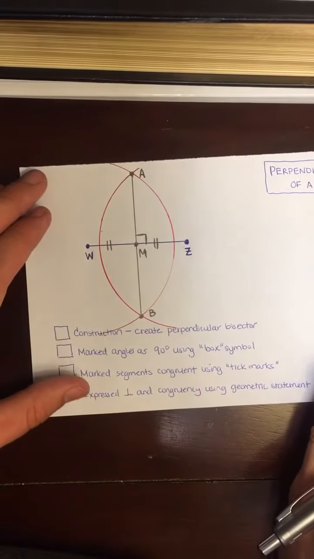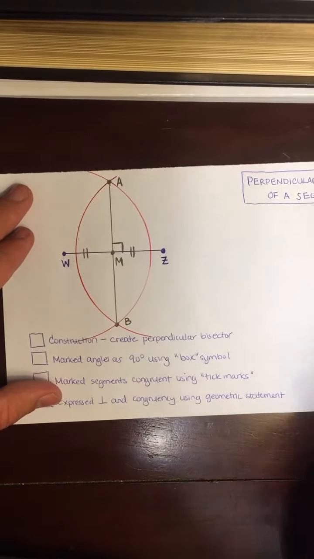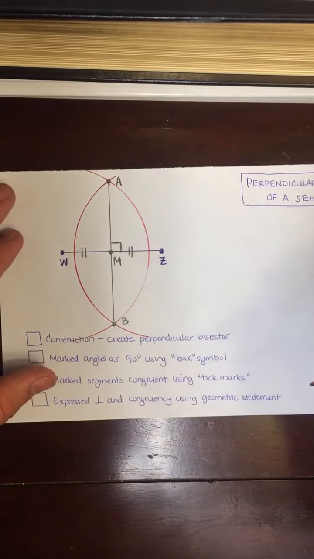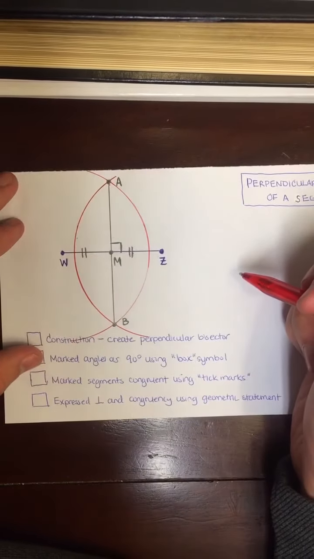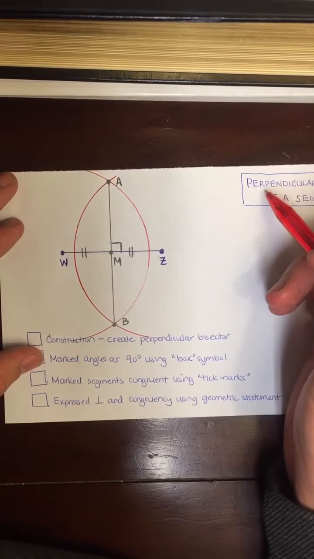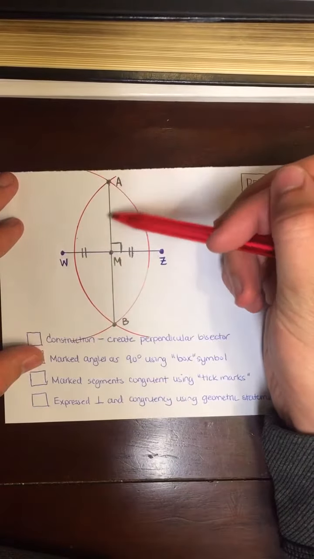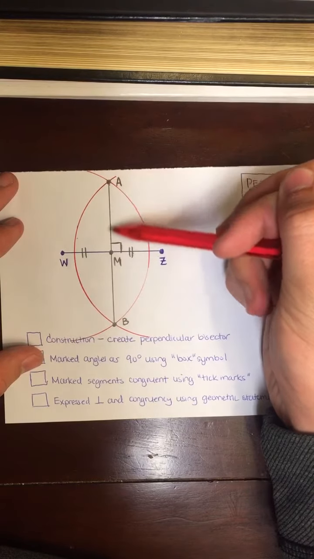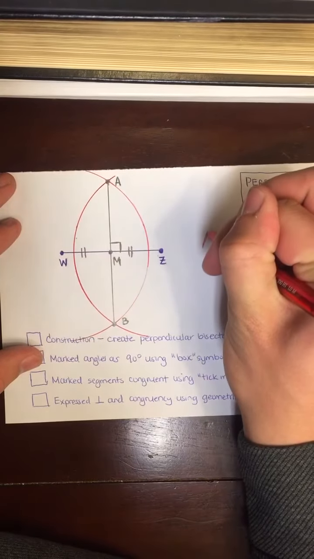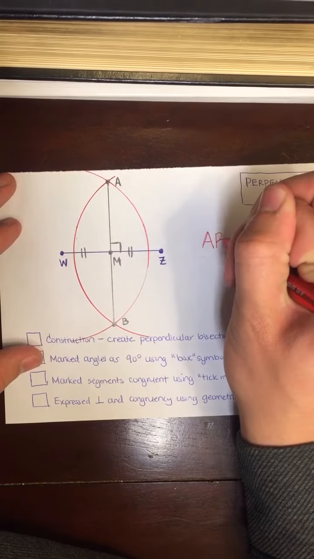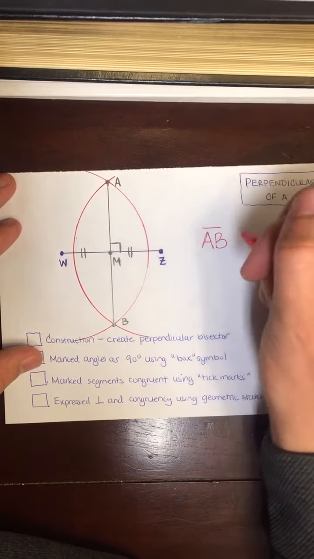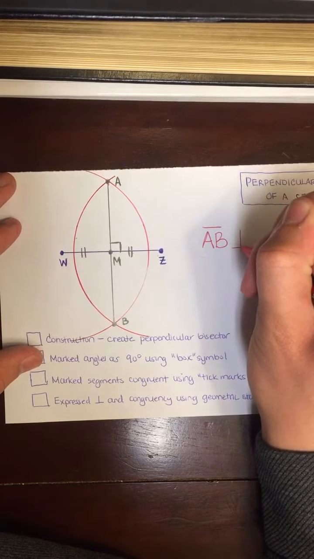I can also create geometric sentences to communicate all of these various things. So I'm going to do so along the right-hand side of my page. I'm first going to talk about what's perpendicular in my image here, specifically my line segment AB. So line segment AB is perpendicular.